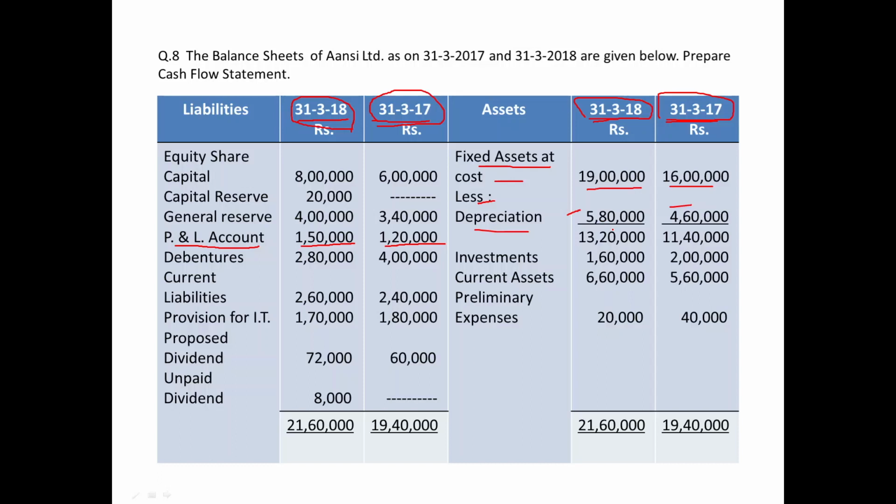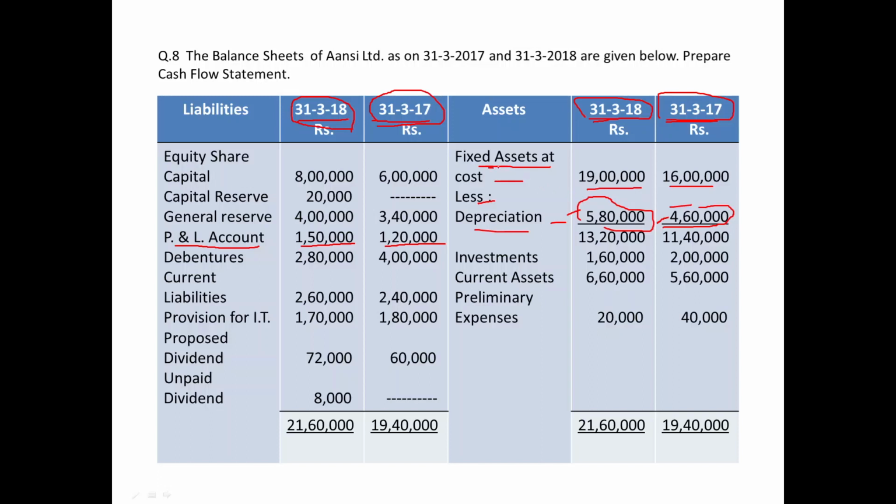See the big amount, 4,60,000 and 5,80,000. It cannot be the current year's depreciation considering the big amount. And not only that, current year's depreciation has been given separately in additional information point number 2, 1,90,000. तो ये क्या हो सकता है?